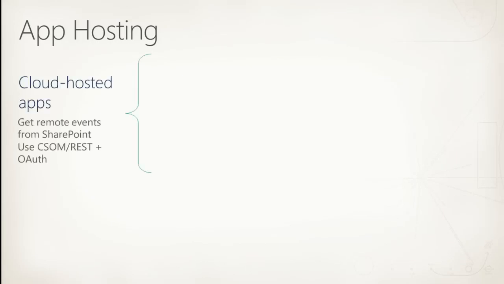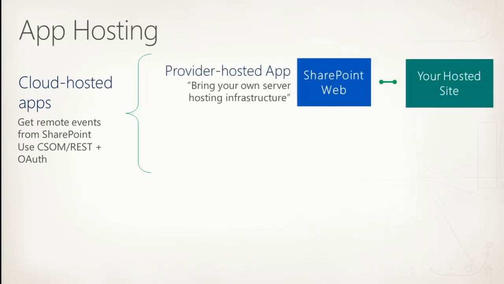Okay, let's move into app hosting. When it comes to hosting, there are three different architectural approaches in two main buckets. The first bucket is the cloud-hosted apps. This is where your apps are hosted remotely, and the functionality, the business logic, is running either on an external server or in the client. Out of this cloud-hosted app bucket, there are two flavors. The provider-hosted is the one in which you own the infrastructure in which the business logic is running.